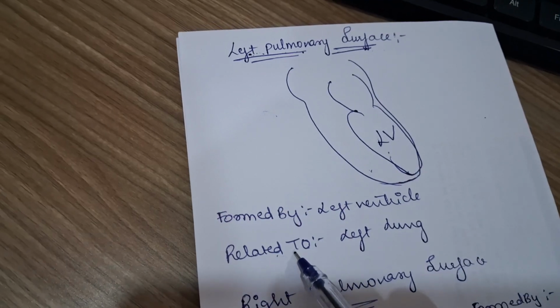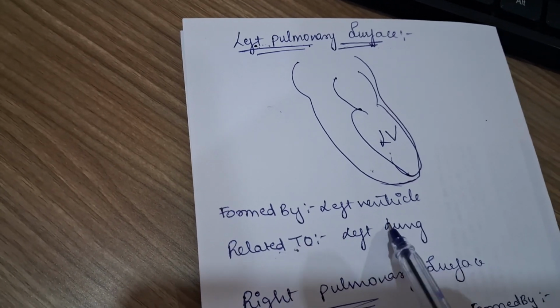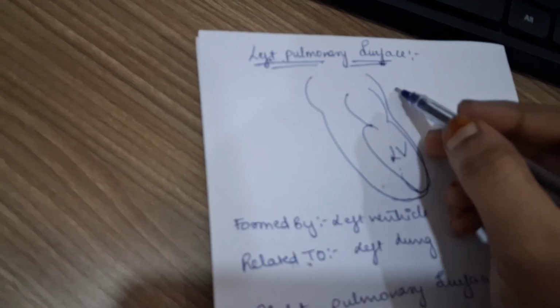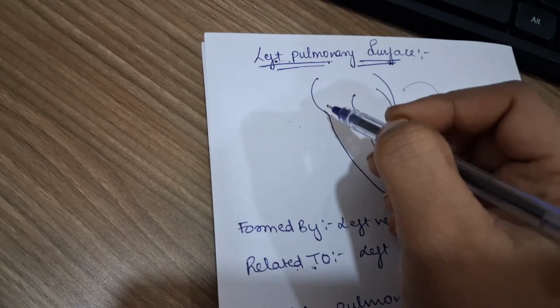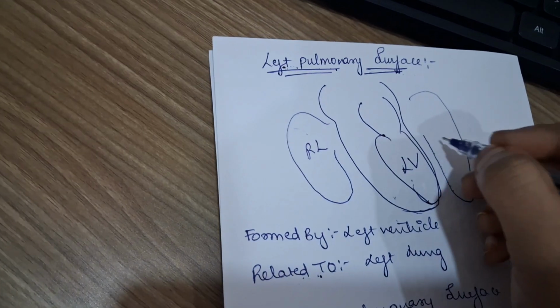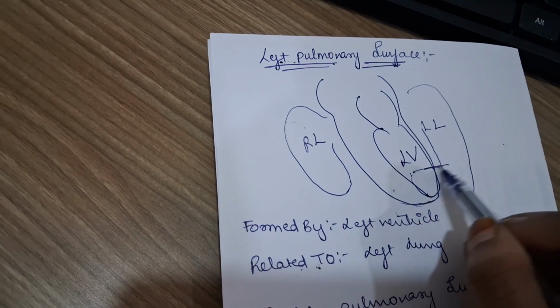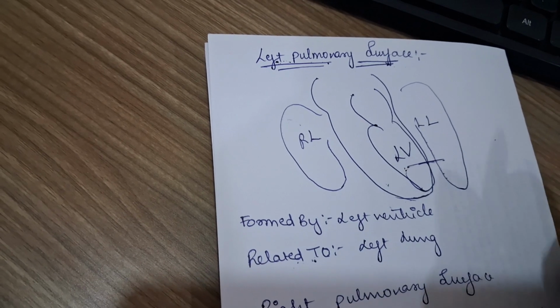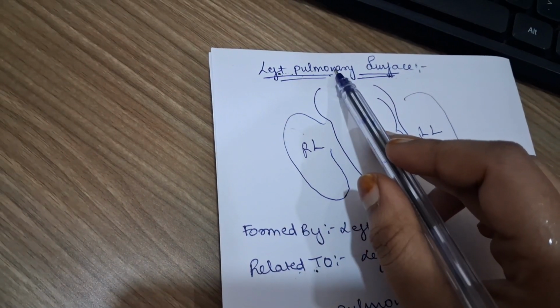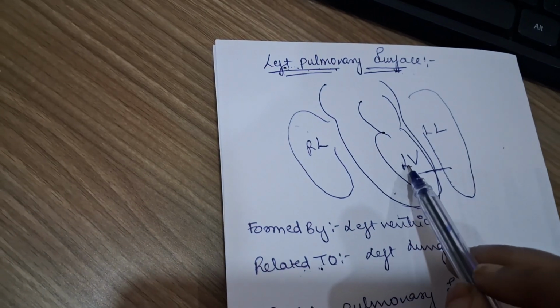It is related to the left lung. Simple. Here there will be a lung, and here also there will be a lung. Here is the right lung, here is the left lung. It is closely related to the left lung. So it is related to the left lung and mainly formed by the left ventricle.